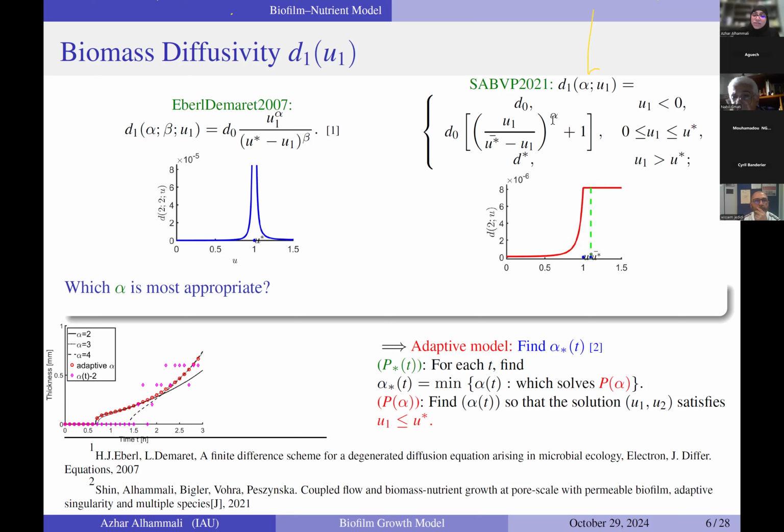You said it's easier to implement. Do you obtain the convergence results for your discretized problem for the mixed finite element problem?